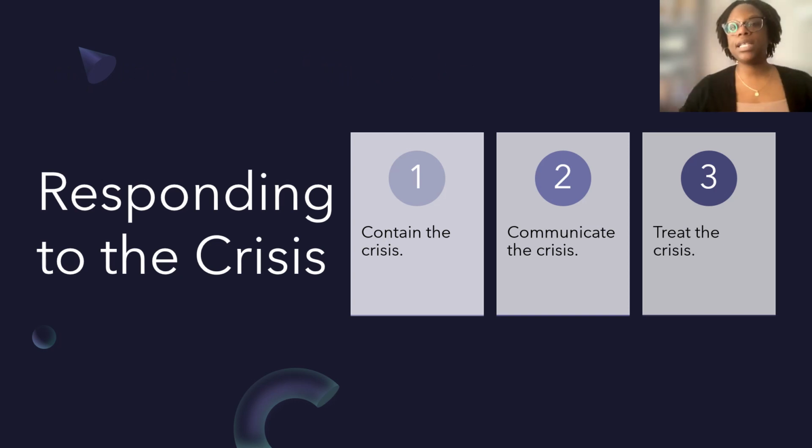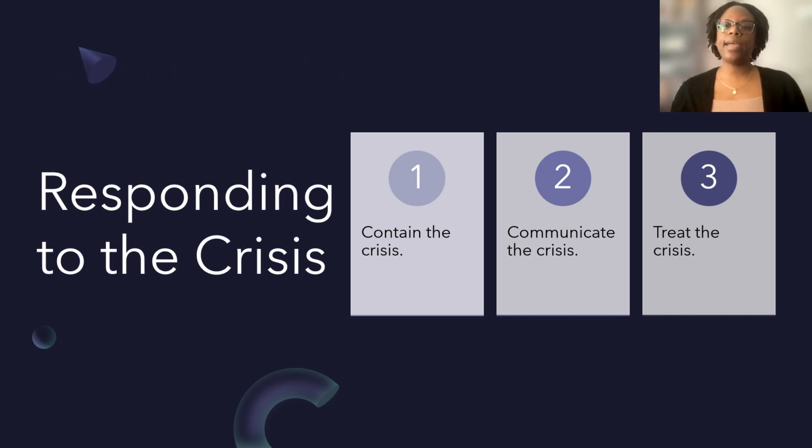To respond to this crisis, Matt should contain the crisis by enhancing and reinforcing education and proper precautions for everyone on the unit. Matt may even want to consider restricting visitors to help minimize exposure.